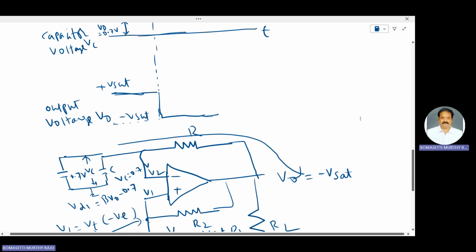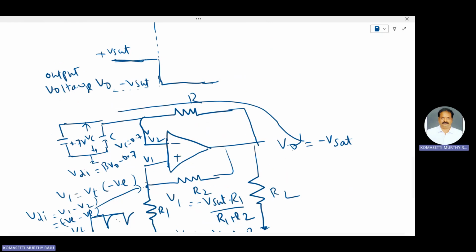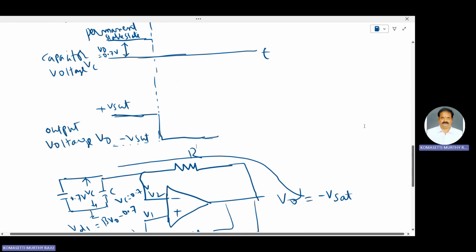At that instant, V1 is equal to minus beta Vsat.